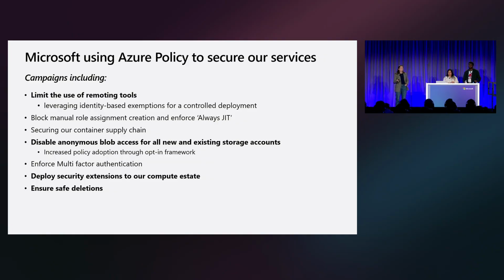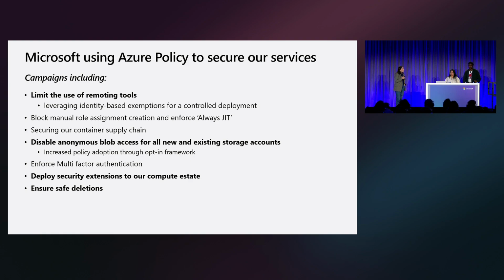One of the things we're constantly focused on is limiting the ways that data comes in and data goes out. So one defense-in-depth effort that we embarked on this year was limiting the use of remoting tools, which can provide a path to maybe unwanted data transfer.